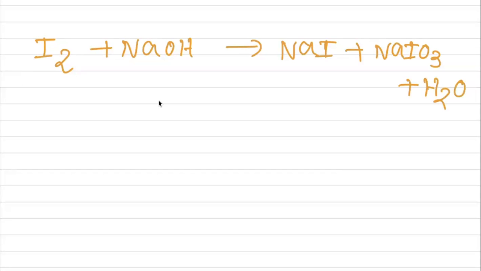I2 plus NaOH gives NaI plus NaIO3 plus H2O.